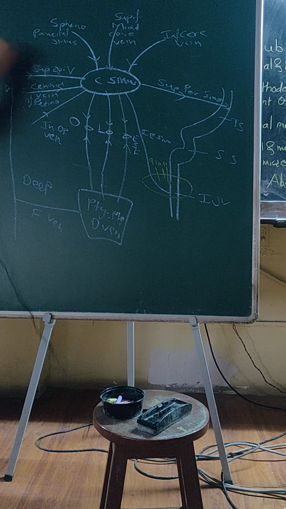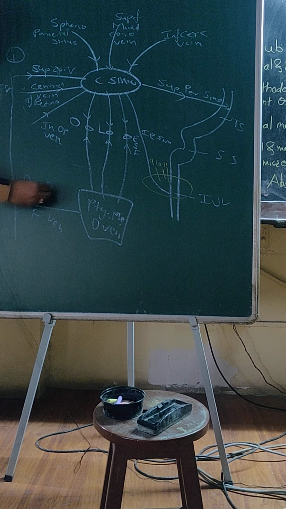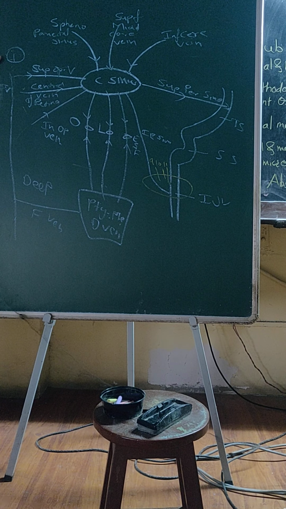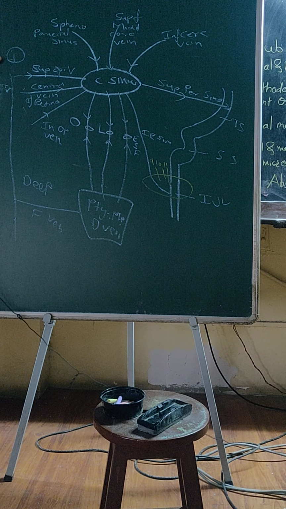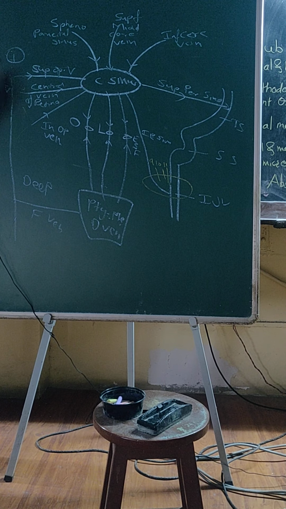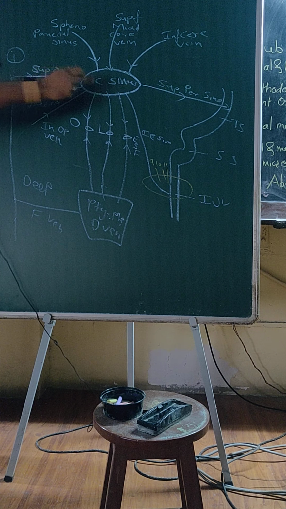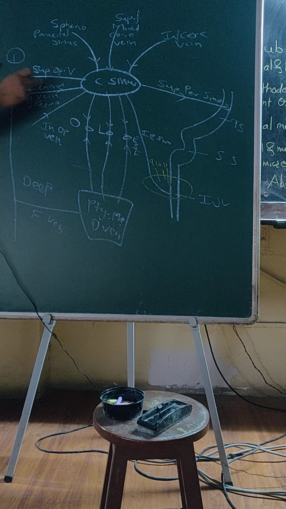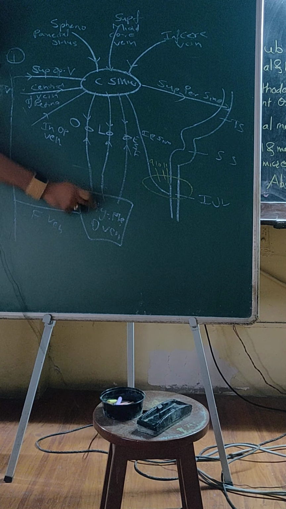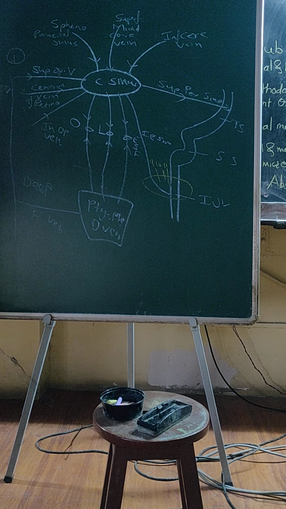This is one way and commonest way. 2, facial vein, deep facial vein, pterygoid plexus, cavernous sinus. Can you repeat? 2 ways by which infection from the dangerous area of face can pass. One is via superior ophthalmic vein, and second is via deep facial vein to pterygoid plexus, and from here. So this is how infection passes.